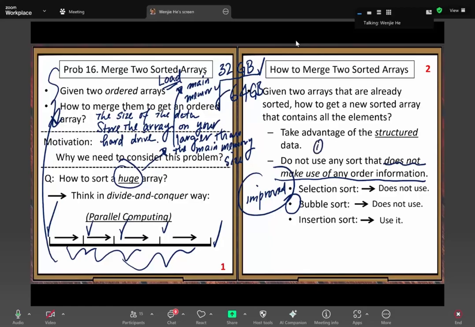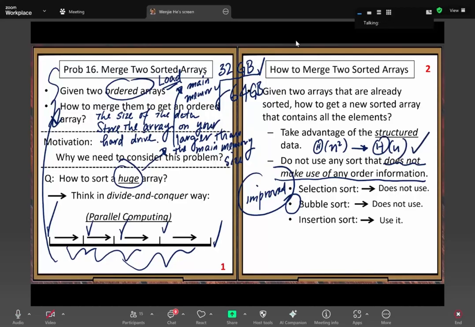Without ordered information, it is big theta of n squared. If the data is ordered, we have big theta of n.